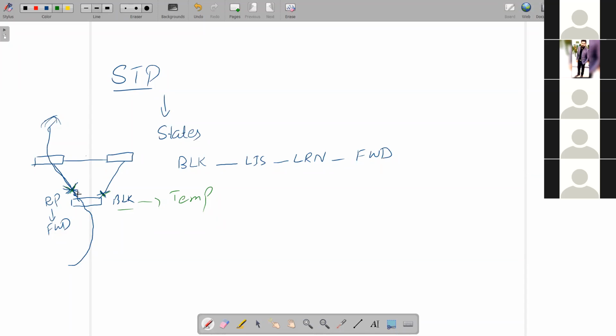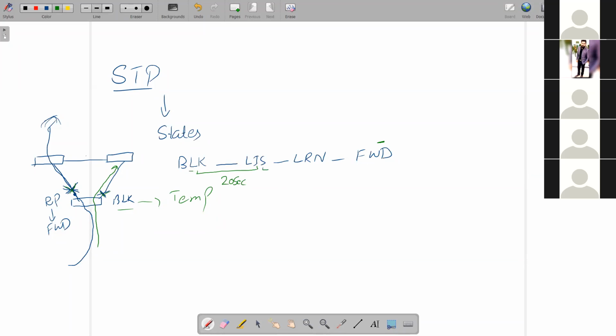That means if this link goes down, STP will bring this port out of the block state into the forwarding state, and the traffic will be forwarded through this link. But before coming into the forwarding state, this port will pass through different states, from blocking to listening, which takes 20 seconds.